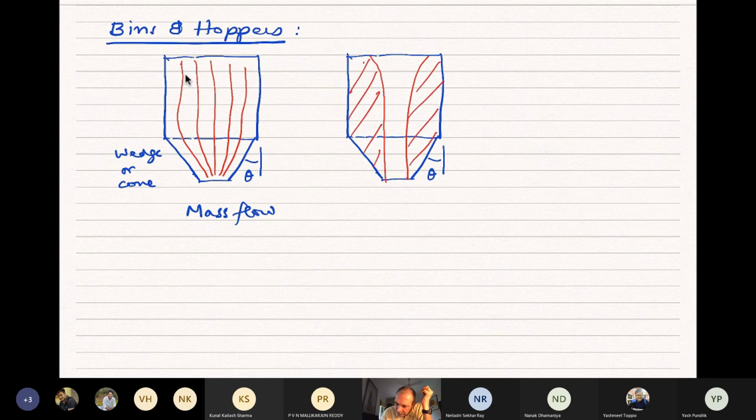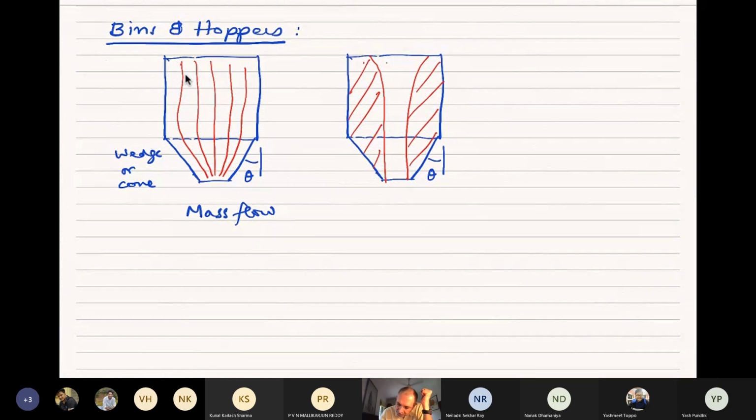Like in these regions, it may just be stagnant, and then the flow occurs only in a small part of the hopper. This is not usually desirable, and this is called funnel flow.